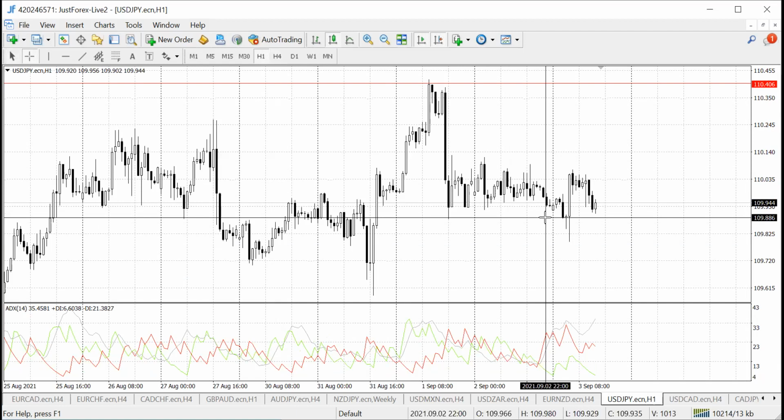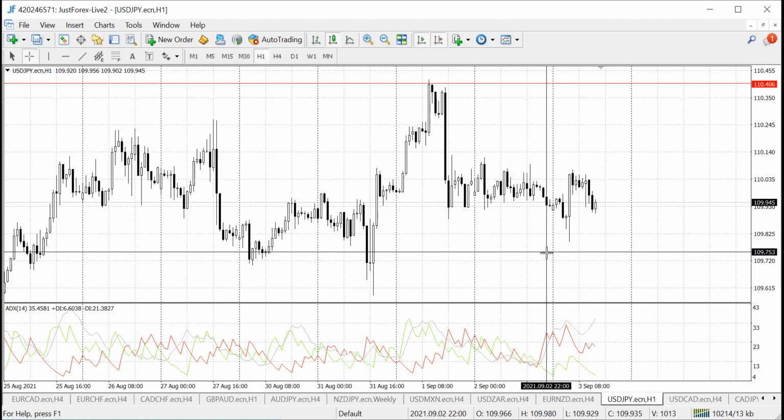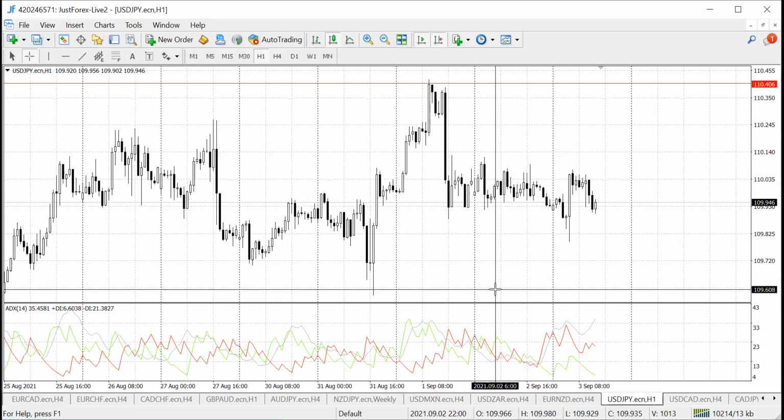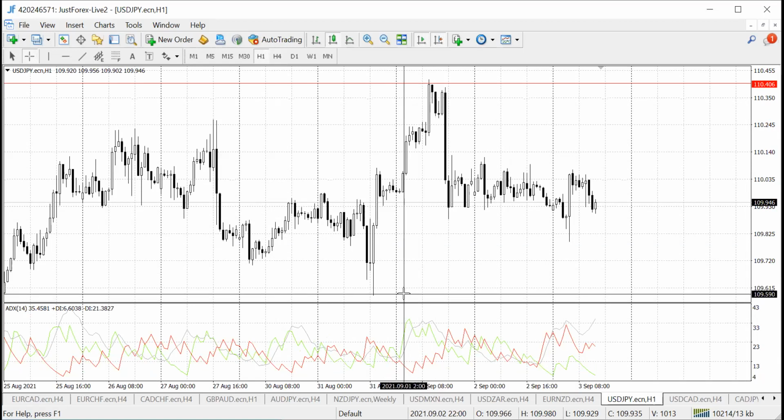You can have a sell stop for USDJPY at 109.886. Then your take profit should be at this particular low, where we have this particular wick.